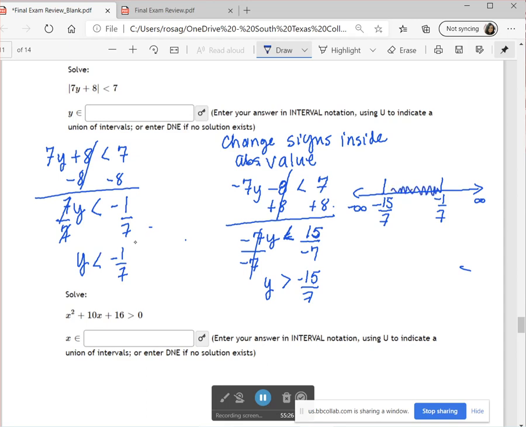I cannot cross the number, so I'm just shading up to there. The negative 15 over 7 is pointing to the right, so I'm going to shade to the right. So this middle portion is my answer. Because I don't have the equals, it would be in parentheses. So the interval would be negative 15 over 7 to negative 1 over 7.